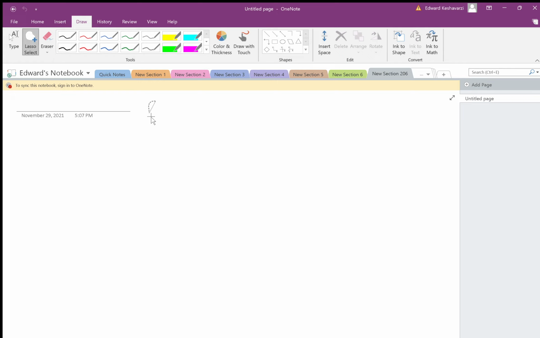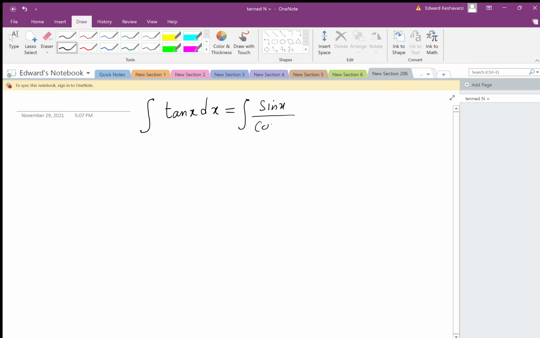Let's have another example. So we are given the integral of tangent x dx. I'm going to write tangent as sine x over cos x dx. Now I'm going to set u equals cos x, the denominator.